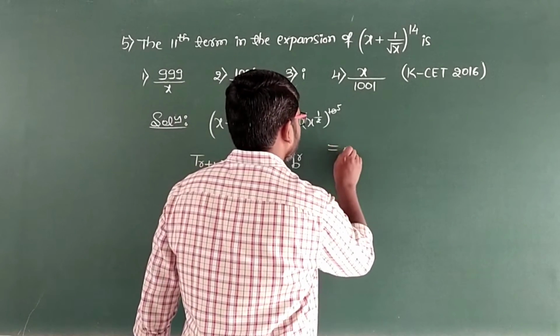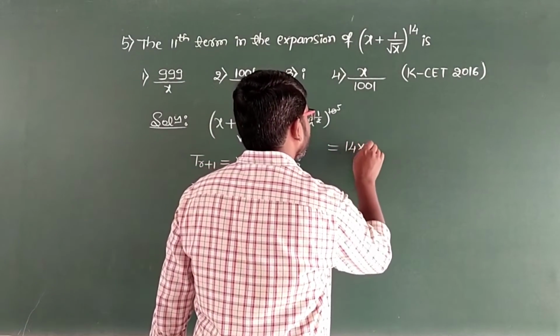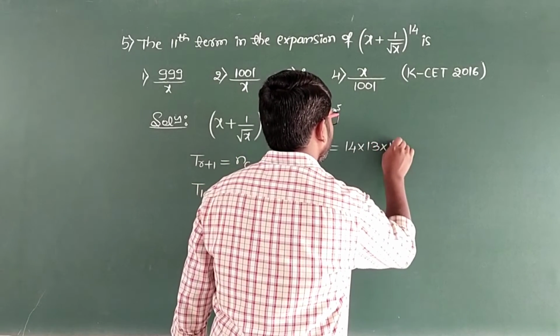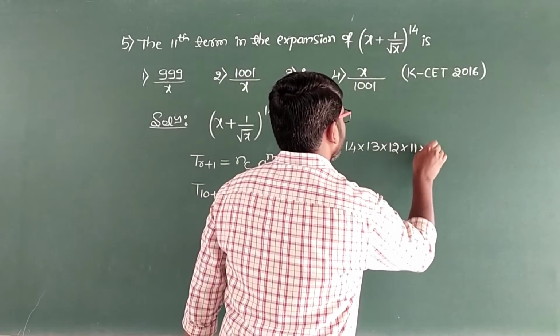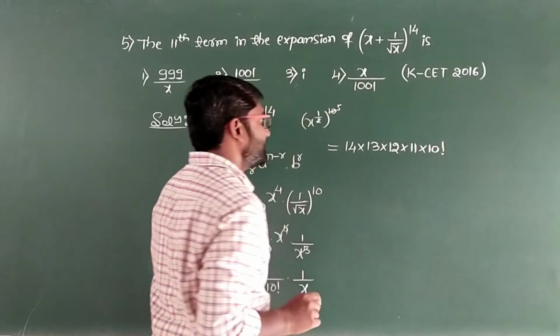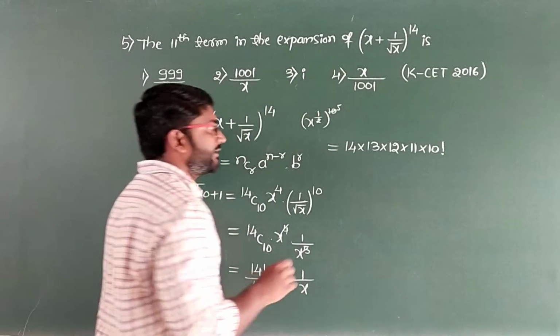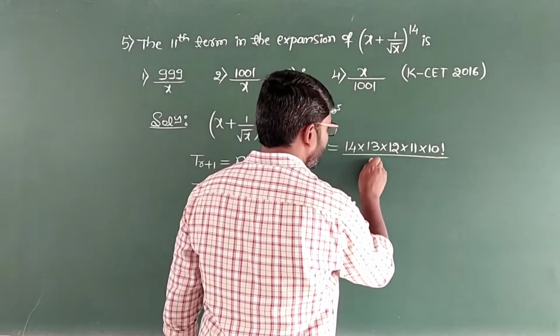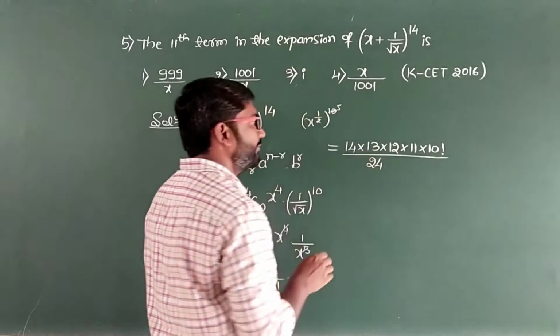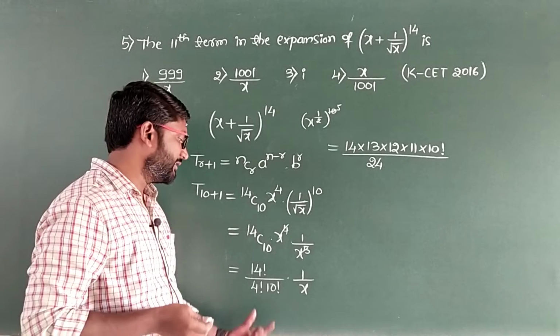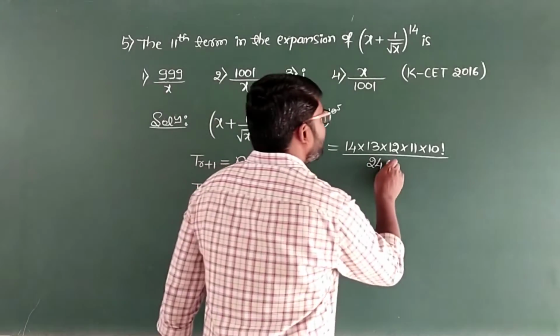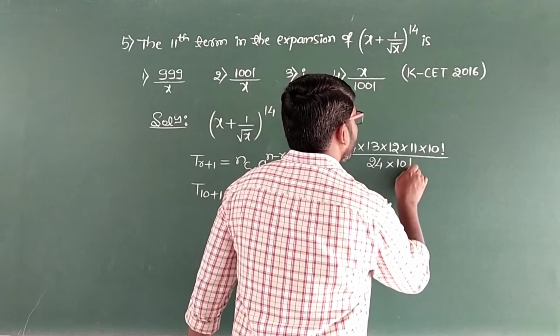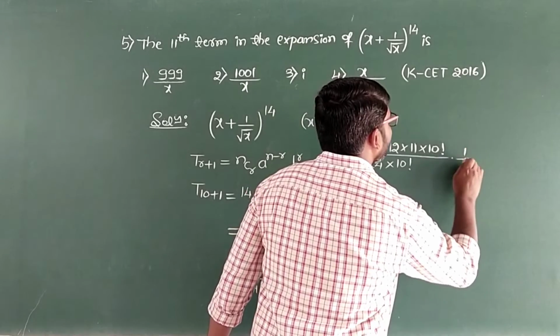This is equal to 14 factorial, which can be written as 14 into 13 into 12 into 11 into 10 factorial, because in the denominator we have the 10 factorial. Then whole divided by 4 factorial value, which is 4 into 3 into 2 into 1, that value will be 24, and into 10 factorial I will be writing as it is, into 1 divided by x.